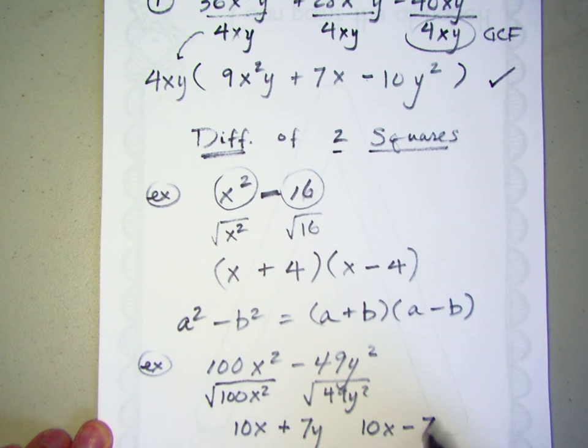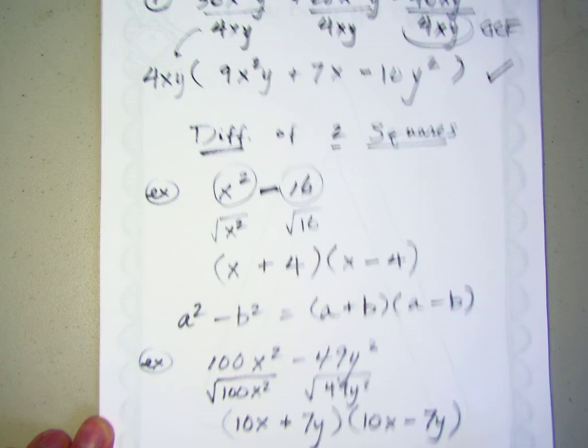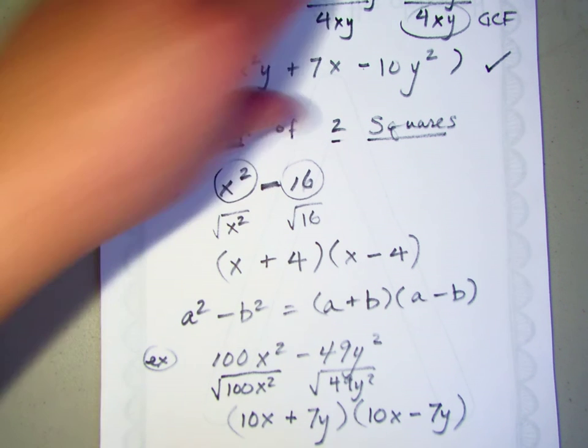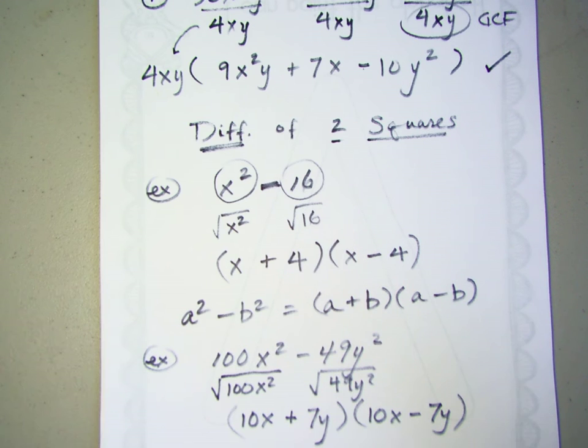Now, while we are focusing on the factoring component here, if you were to multiply these out, and that's how we check this work, then you will hopefully see why this difference of two squares works. So let me take the same problem and check my work.